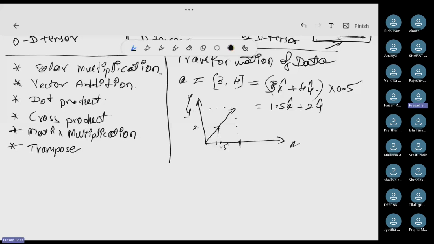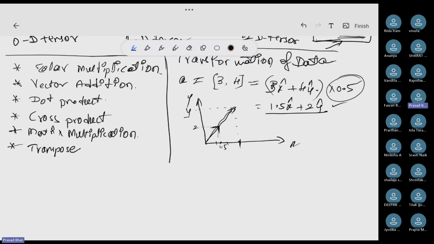This is what I was explaining. If the vector is like this, when I multiply this with 0.5, the resultant vector is going to look like this, correct? What's happening here?